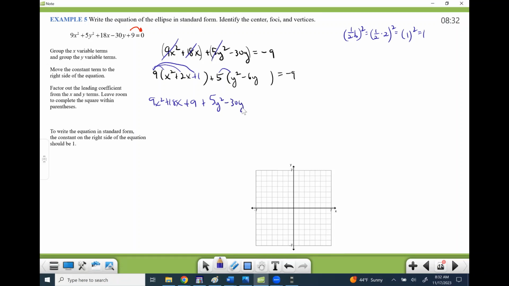We have a -30y that matches with that. And then we have our -9. So notice there's this extra 9 that was nowhere to be found in the original problem, right? Extra 9. So that means I added a 9 into the left-hand side of the equation, so I have to add a 9 to the right-hand side of the equation.